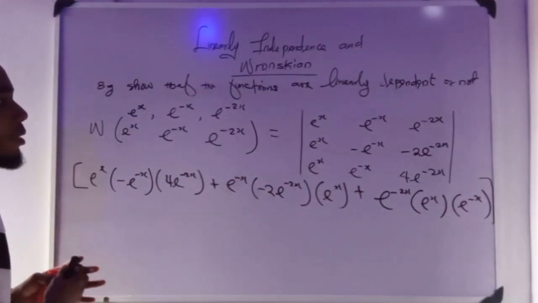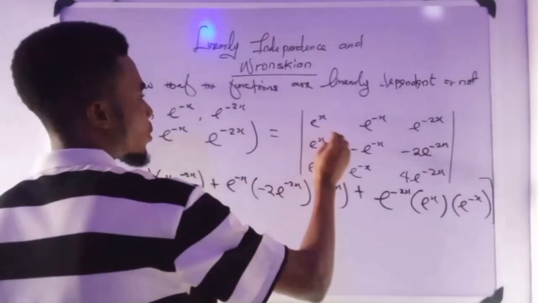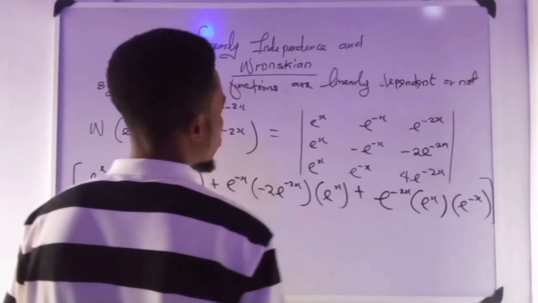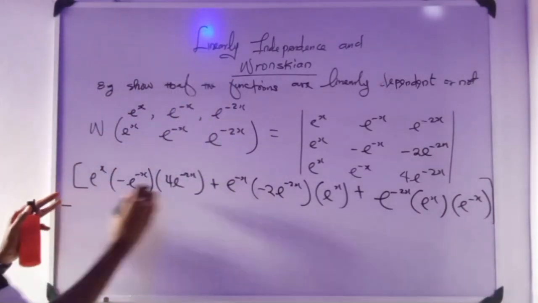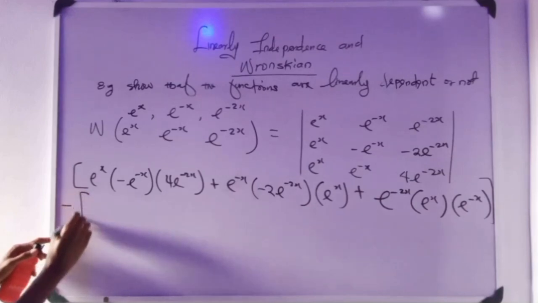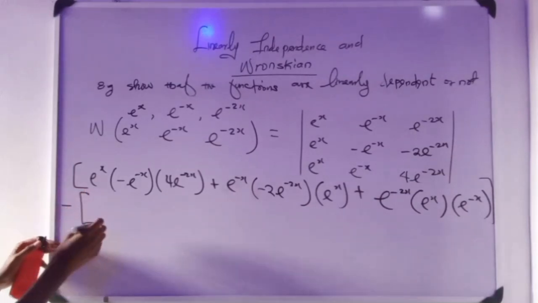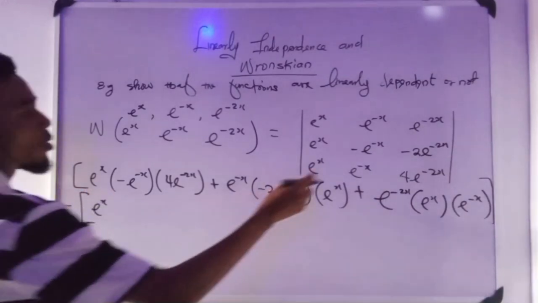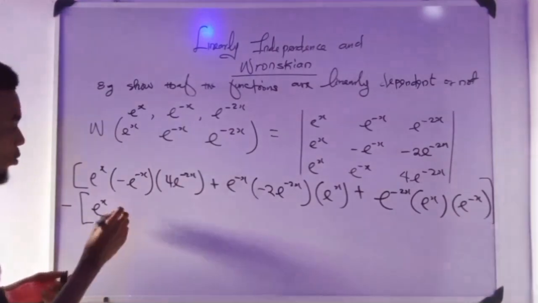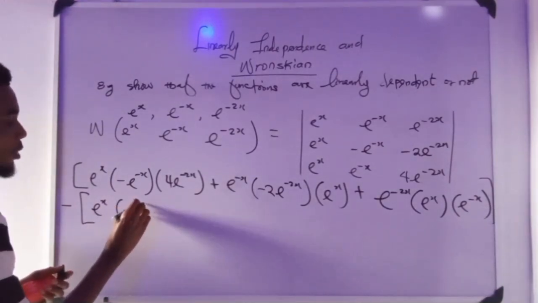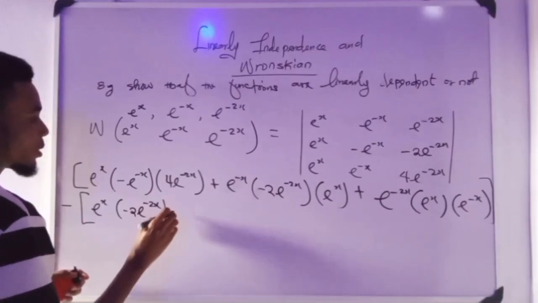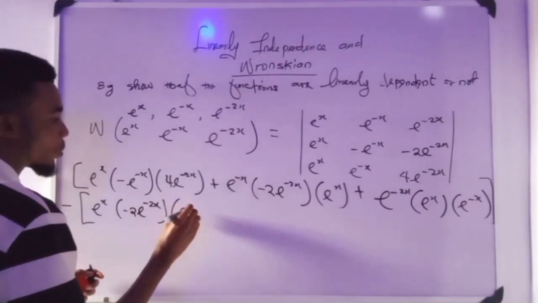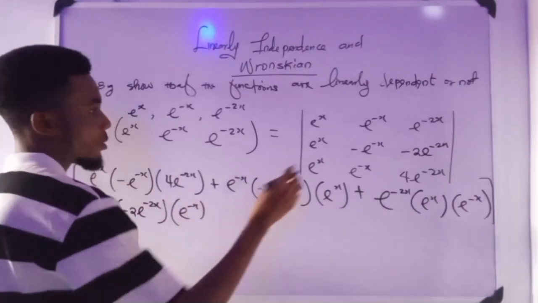Left indent, we have this multiplying the left indent, which is exponential of x. I will separate the right indent from the left indent with a negative, and I will use a squared bracket. So I have exponential of x multiplying the left indent, which goes as minus 2 exponential of minus 2x, which is this multiplying this guy here, which is exponential of minus x.